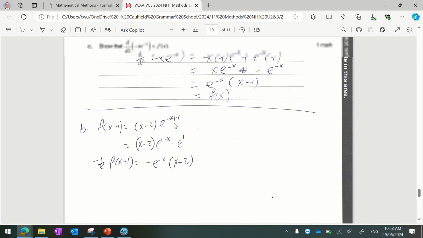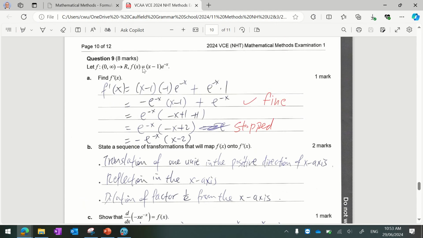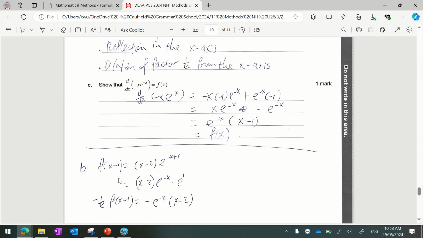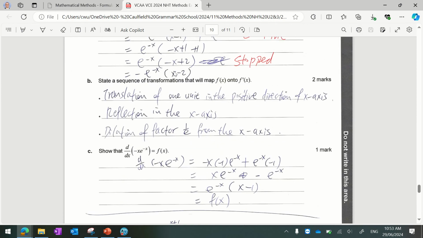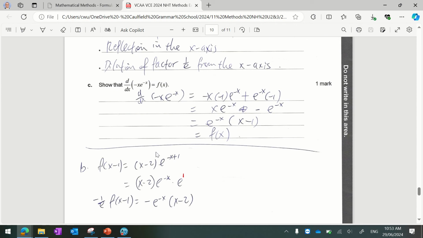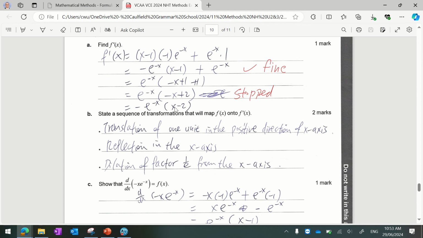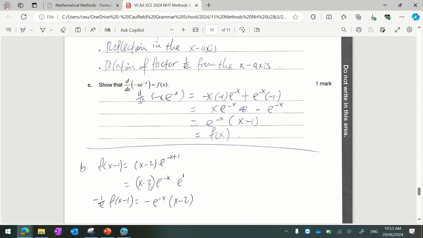If you compare this to f dash, because I need to transform f to f dash, whatever I do to f, I want it to look like f dash. The only difference between f and f dash now: I've got e to the negative x in both, and x minus 2 in both.